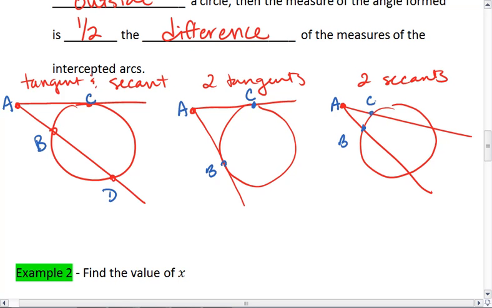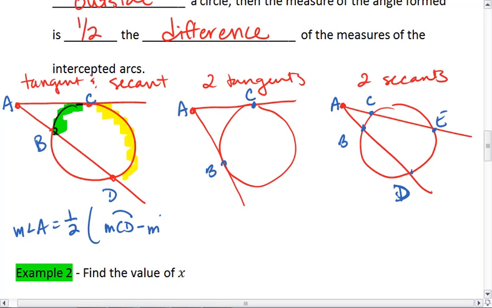B, C, D, E. In this first case, the measure of angle A equals 1/2 of, we take our bigger arc minus our smaller arc. So 1/2 of the measure of arc CD minus the measure of arc BC.